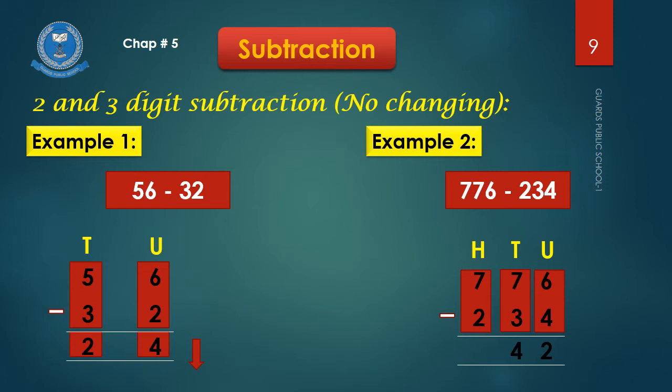After subtracting 2 from 7, we get number 5. Now, we have 500, 4 tens and 2 units. That is number 542. So, the difference of 776 minus 234 is 542.